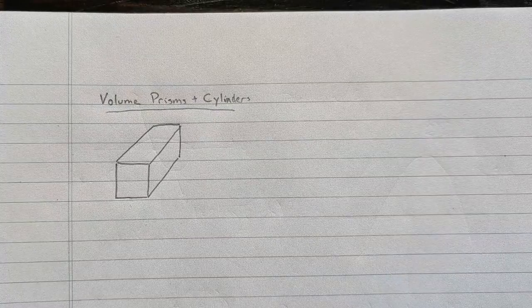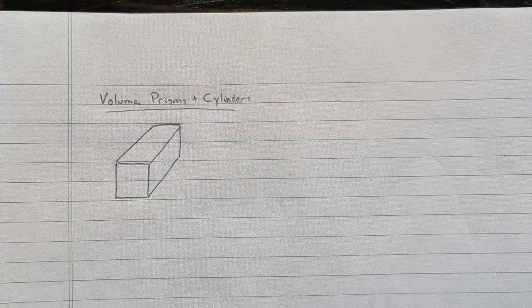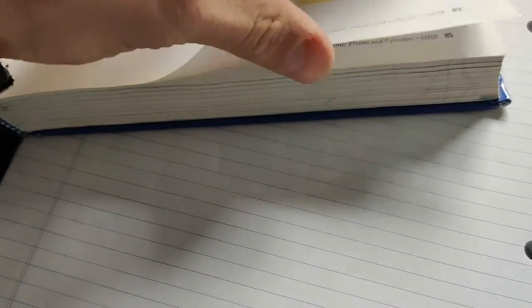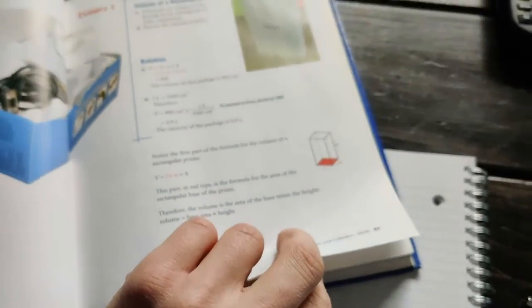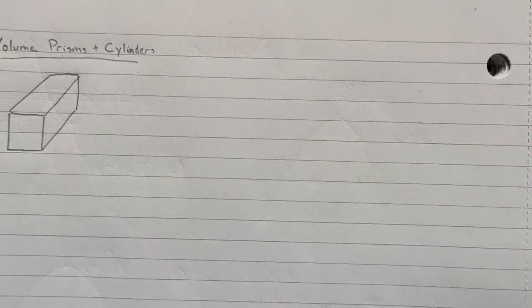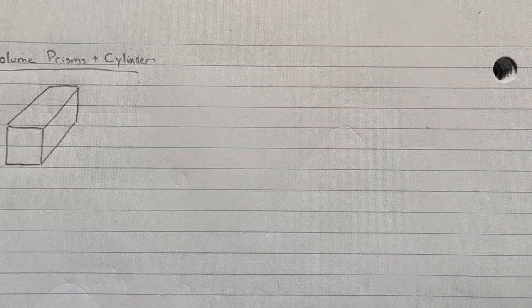If you look at the pages in your textbook, I'll see if I can do that here. I've got my textbook here, and each of these pages is a rectangle. Each page gets stacked together, and that adds the depth. So when we're working with volume, we're taking an area and stacking a whole bunch of areas together.